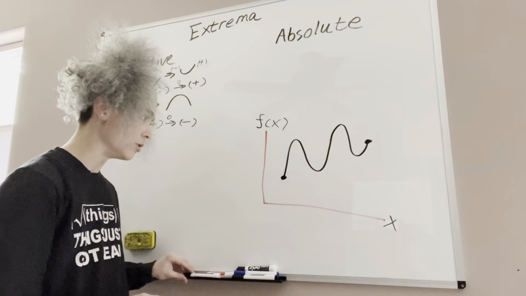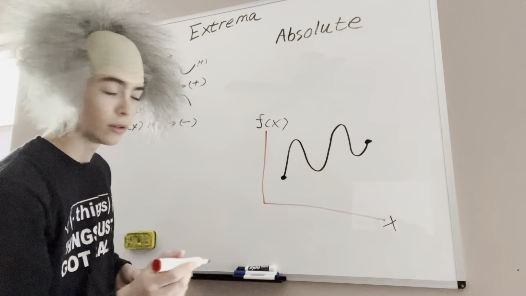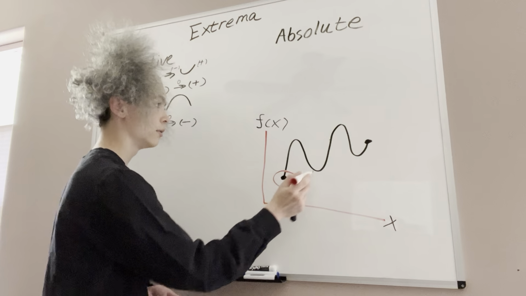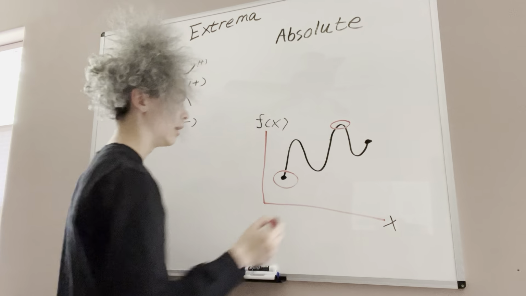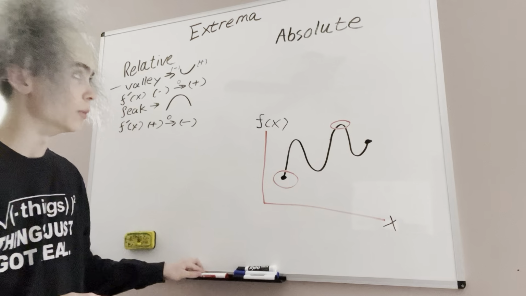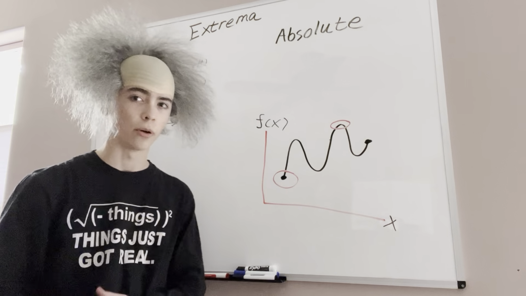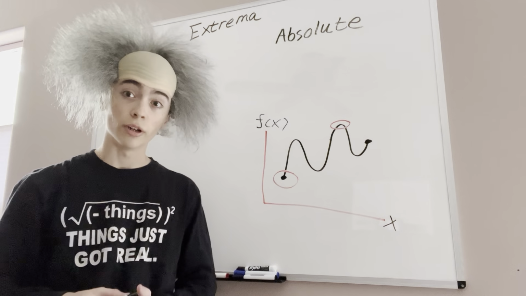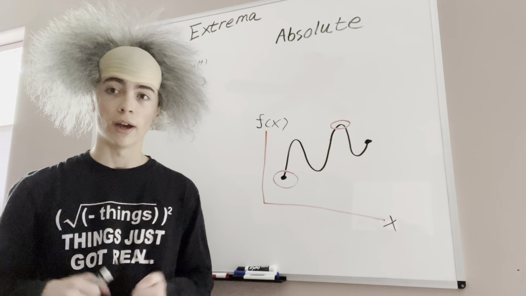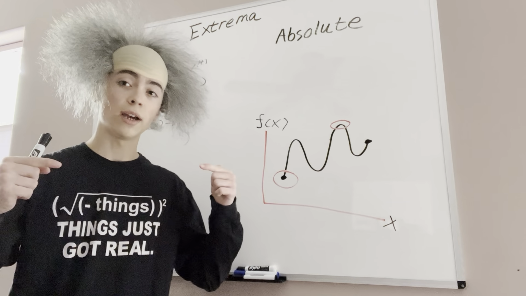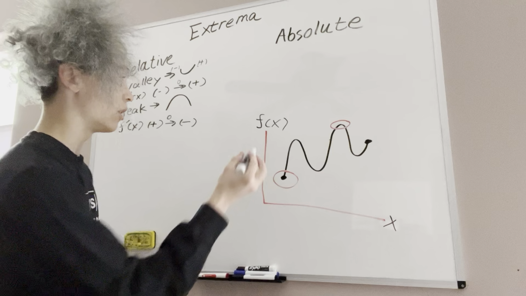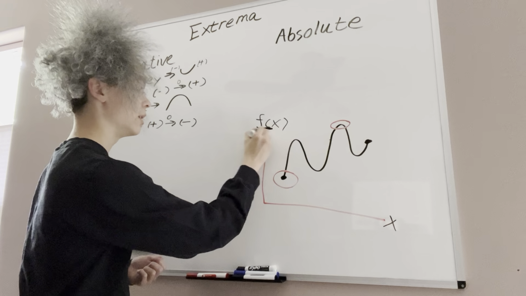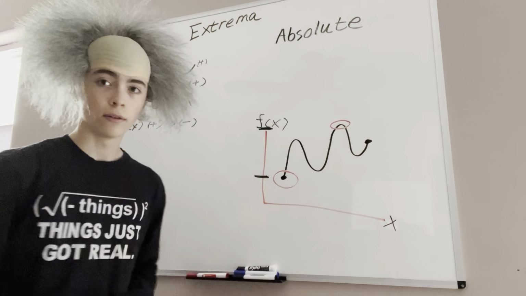But here, I could tell you that we have absolute extrema here and here, right? So your absolute extrema are really just going to be, and I'm not going to write this out because it's pretty self-explanatory, some sort of extrema that is the absolute lowest value of your function or absolute highest value. And that's talking about f of x value. So that's going to be up here and down here, right?